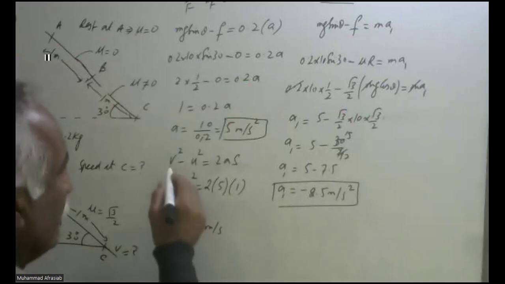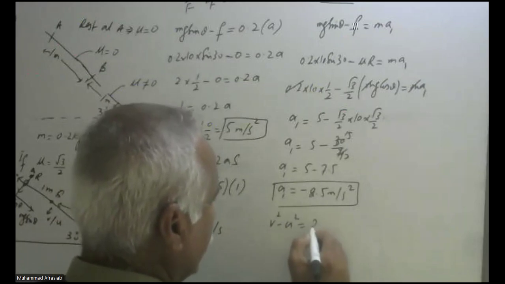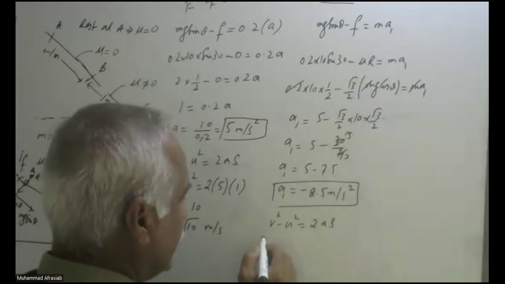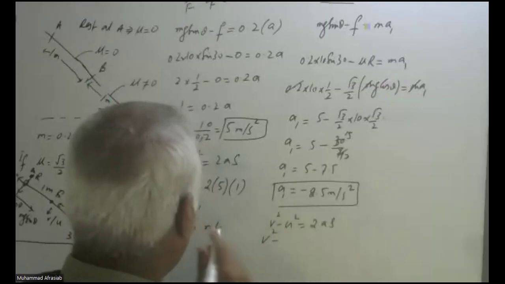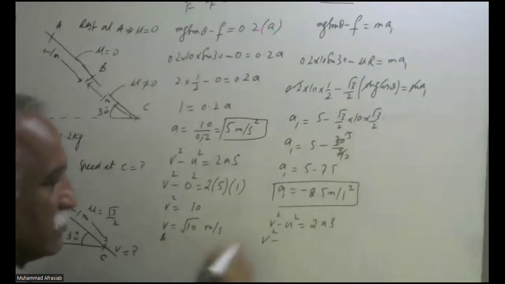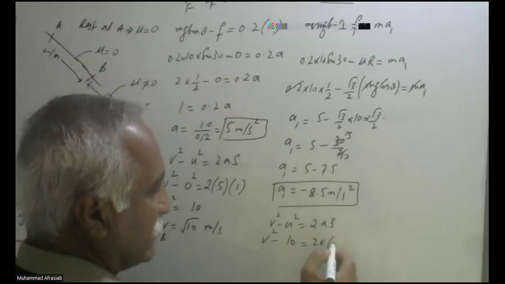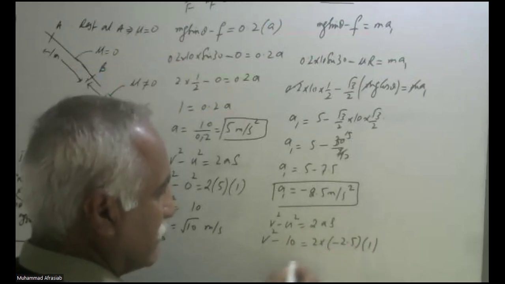We know that again we will use this equation of motion: v square minus u square is equal to 2as. V at C is going to be calculated where u is equal to the initial speed, so that thing is equal to 10. That is 2 into a, which is minus 2.5, into s, which is 1.